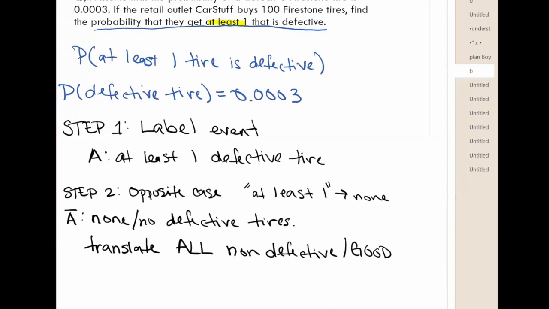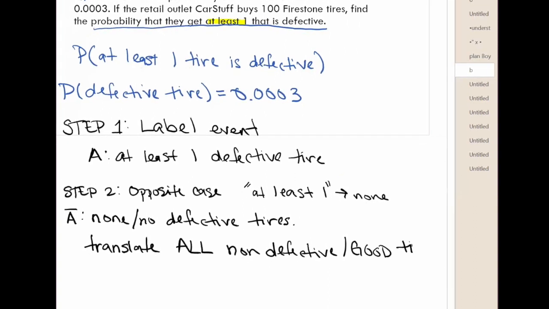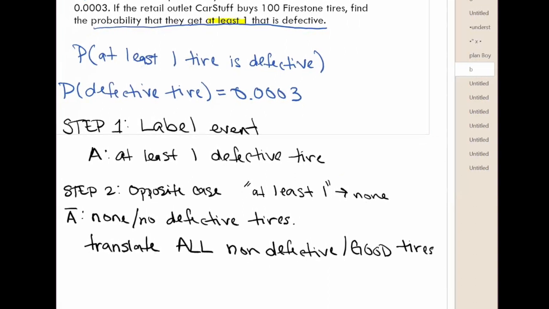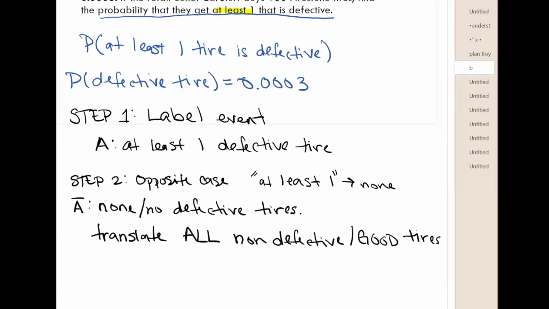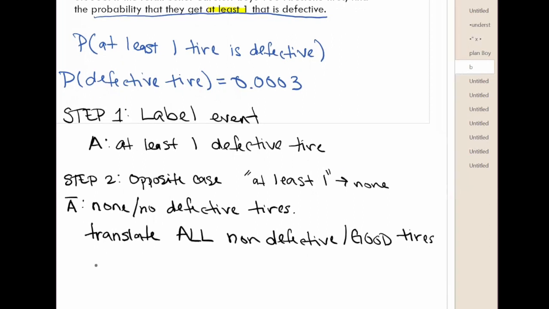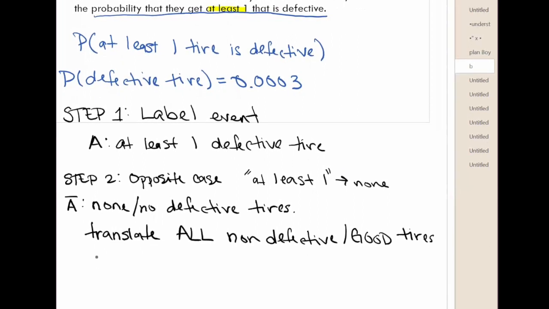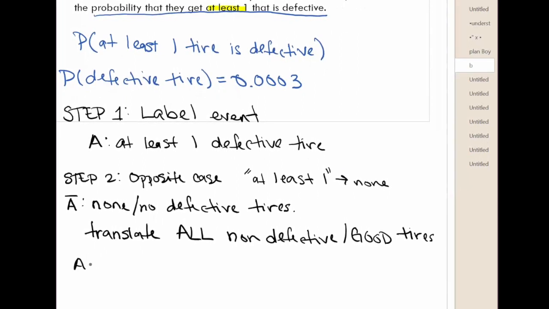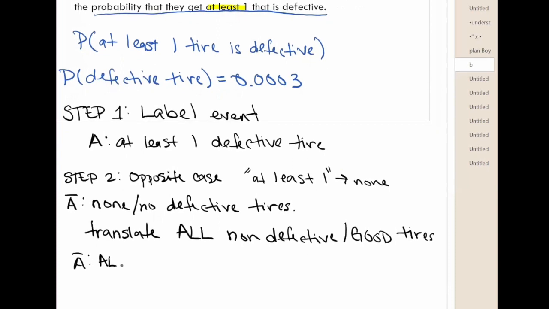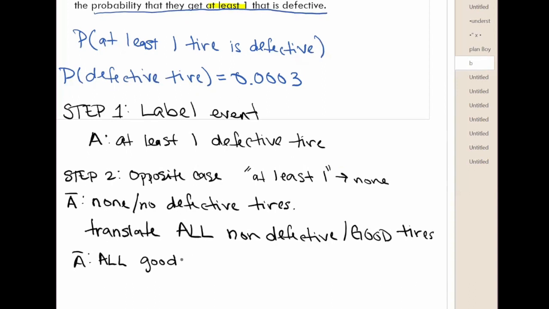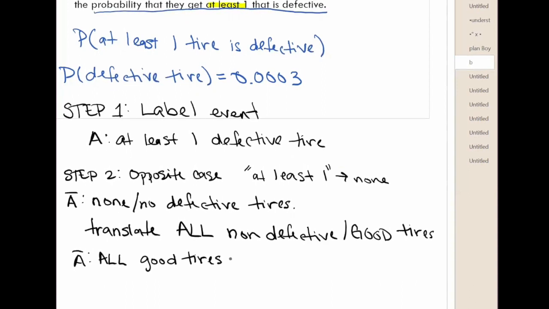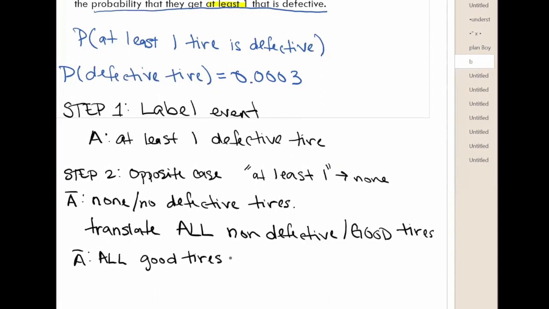Okay. So that's really what we're looking for. We don't want any defective ones. We just want to get the good tires now. So we want all good tires. Okay. So that is our step 2.